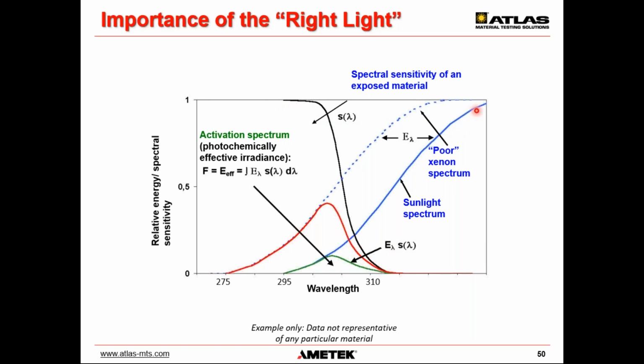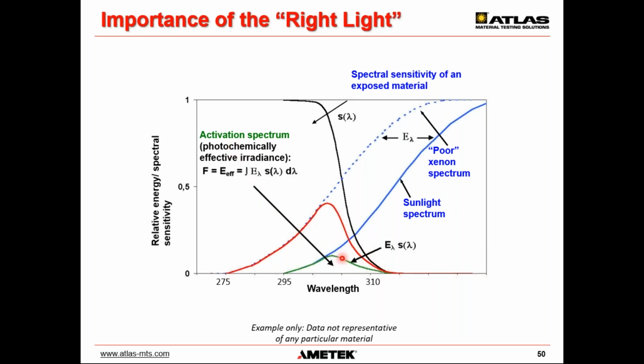Now, you also have the spectral power distribution of the light source which is being used. And here we show in blue the spectral power distribution of natural sunlight. It just so happens that this spectral sensitivity is of human skin, and where the spectral sensitivity and the light source graphs intersect, the resultant area is what we call the activation spectrum.